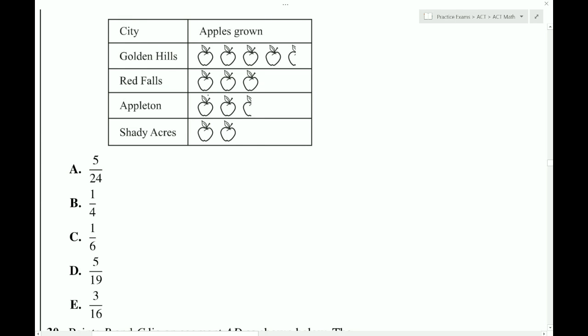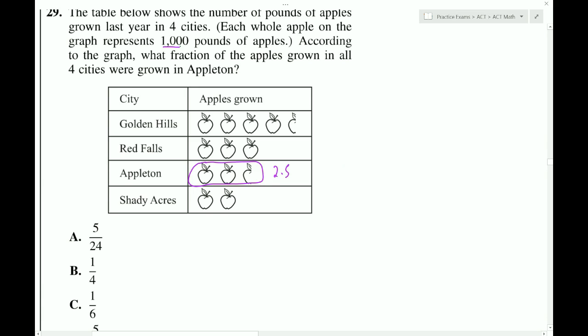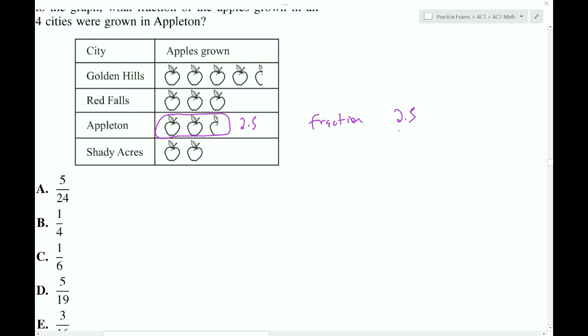All right, so here's Appleton, and it looks like they have 2.5 apples, and as I said, each represents 1,000, but we don't really need to use that fact, because when we do a fraction, we're going to have 2.5, success over total kind of thing. So 2.5 over the total number of apples. So if there's 1,000 here and then there's 1,000 here, they're just going to cancel anyway.